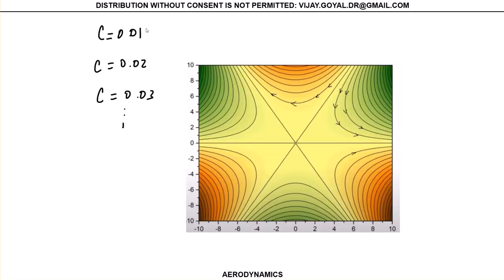I give different values of that constant, and different values will give you different functions, which helps you realize that this is the direction in which all these streamlines are going. So you give different values of this c, and that's how you get this plot. So this concludes this example.